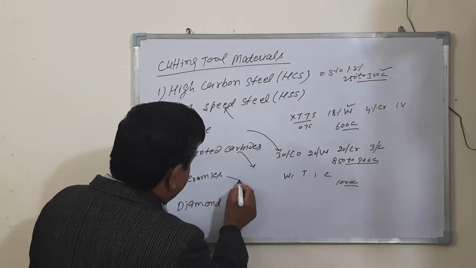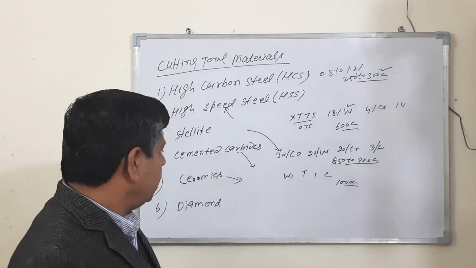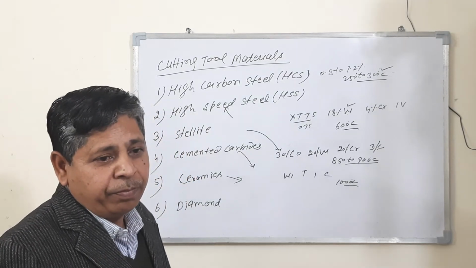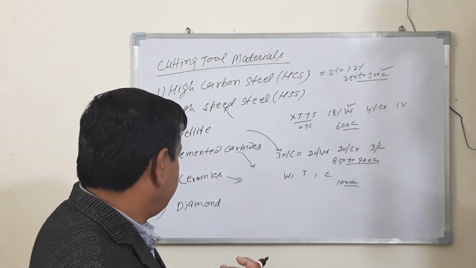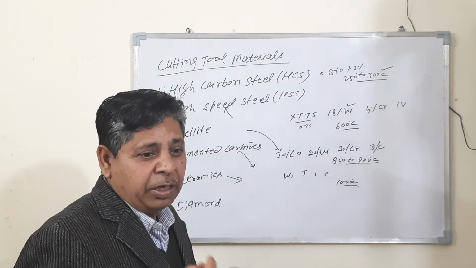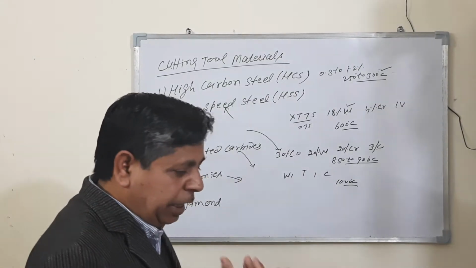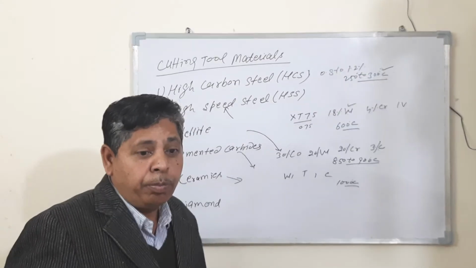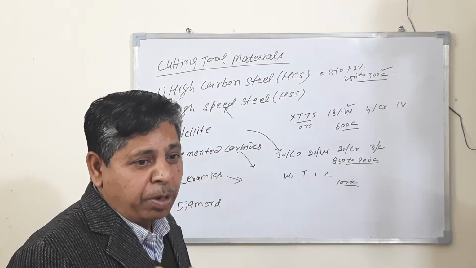Next, the ceramic tools, ceramic material. This ceramic material consists of aluminum oxide. The aluminum oxide is mixed with boron nitride in the form of powder.